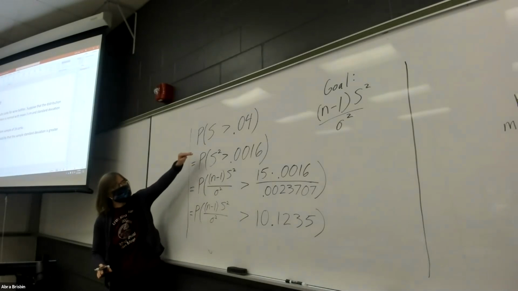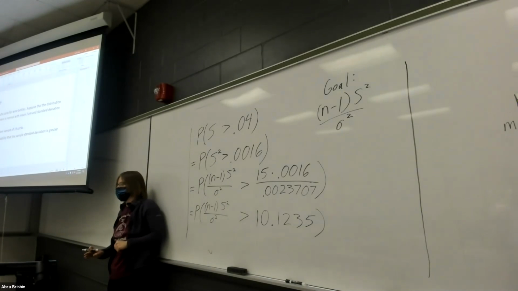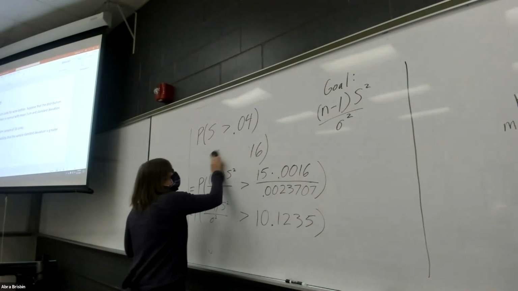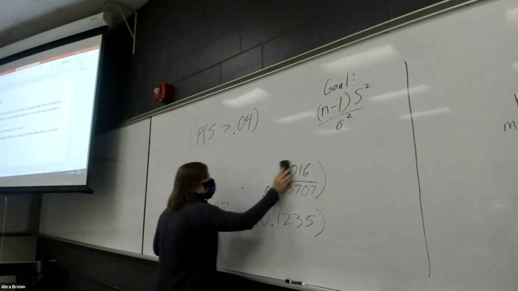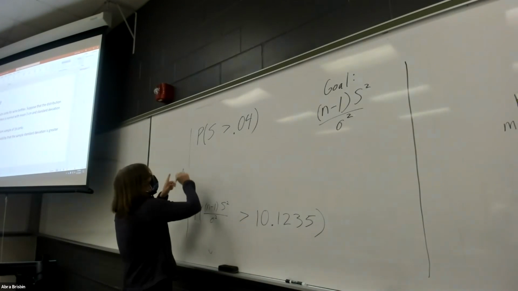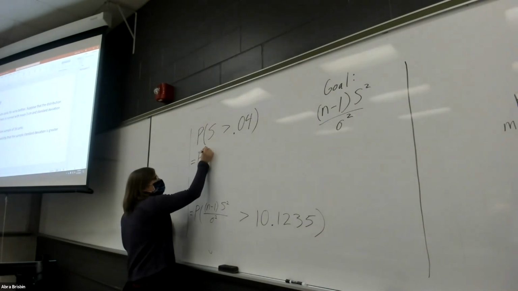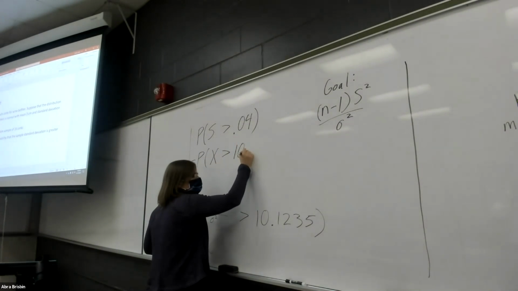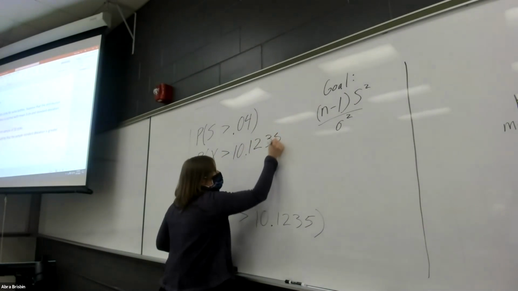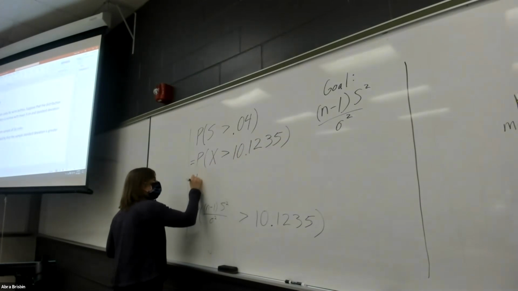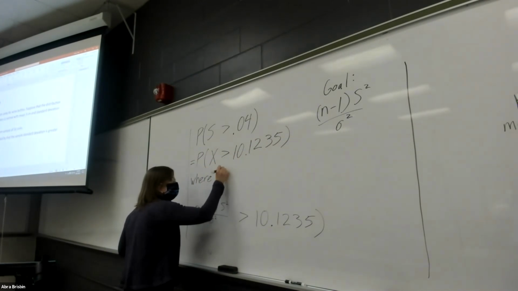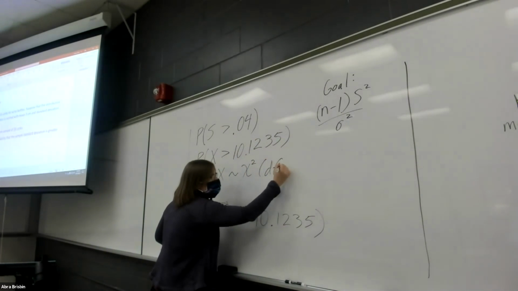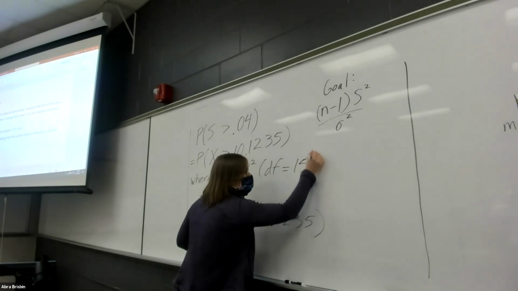So our original question of the probability that the sample standard deviation was greater than 0.04 is equivalent to the probability that our new random variable x is greater than 10.1235, where x has a chi-squared distribution with 15 degrees of freedom.